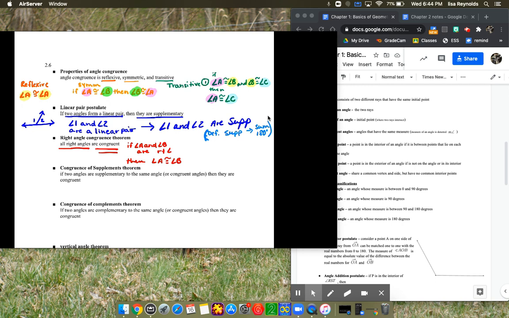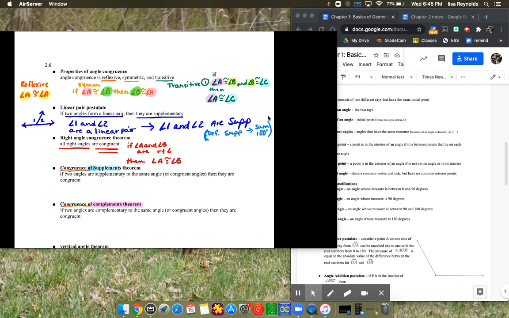Our next two theorems are similar. They are congruence theorems. One of them is with supplements, so congruence of supplements, and one of them is congruence of complements. They both start out in a very similar way, and they have a common ending.